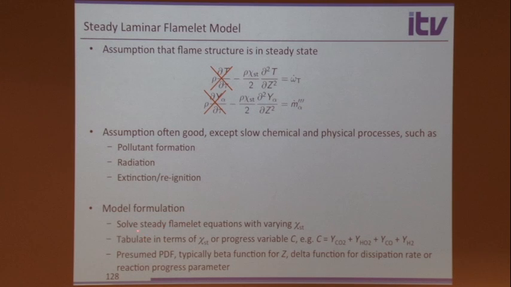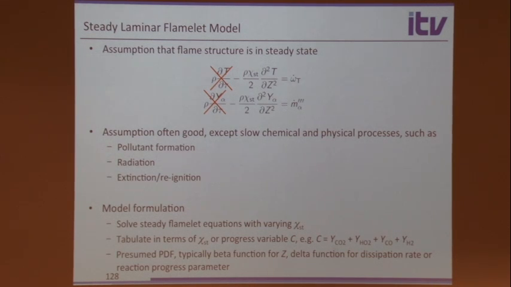So for the model formulation, we solve steady state Flamelet equations with varying chi, then tabulate, evaluate this integral, and tabulate in terms of the mean, the variance, and chi-stoichiometric. Or sometimes we use a different parameter.